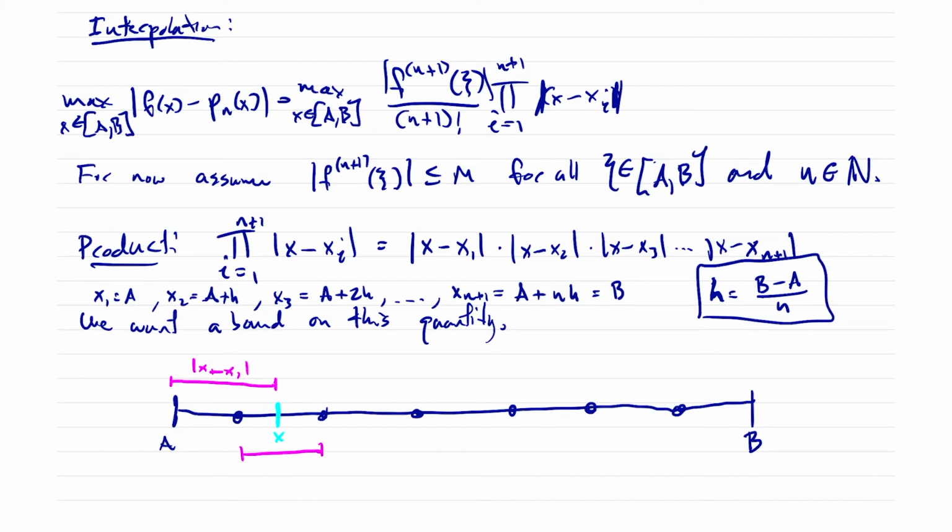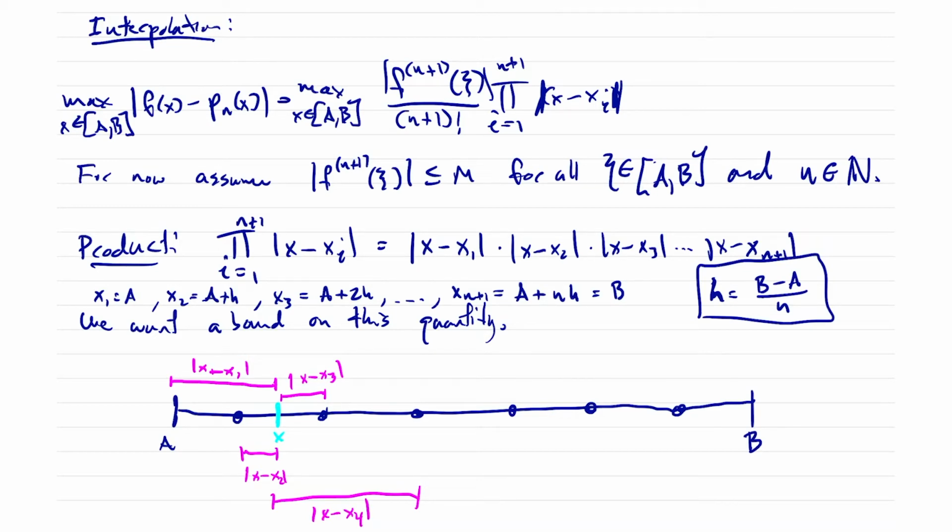Then it's going to be x minus x2, and this gives me x minus x3, etc. Then we're going to multiply all of those together all the way down the line, so x minus x4, etc.